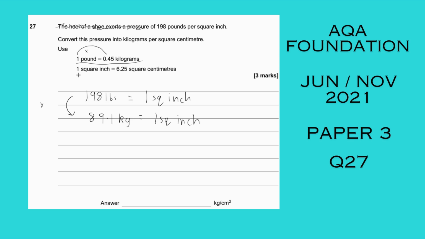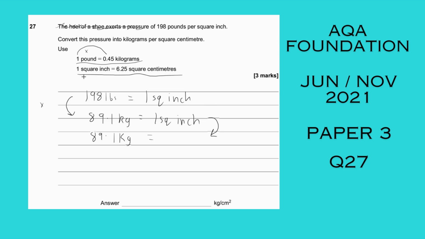It tells us that 1 square inch is 6.25. So this one now is going to stay the same. We're not touching the kilograms. We're asking ourselves, how do we go about 1 square inch? Let's change it into square centimeters.